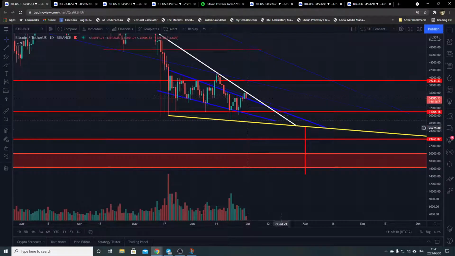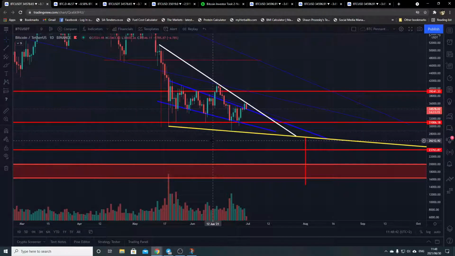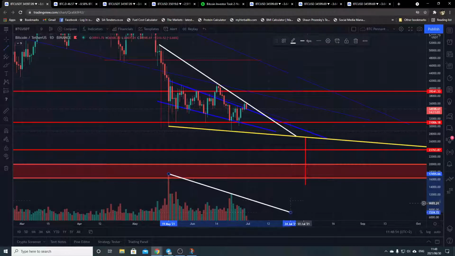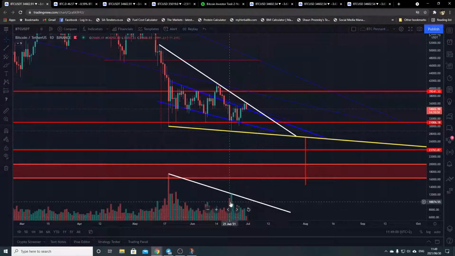So, yeah, we need to be careful. We're also looking at the volume. There's a downward sloping volume, guys. I even drew the line. Look at that. There's no volume presently in the Bitcoin price on the daily. We need to break above this in order to go higher, guys.